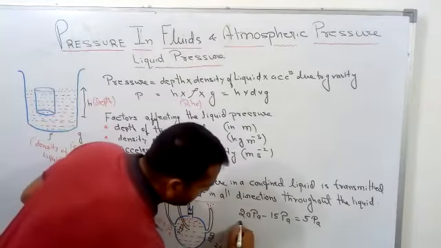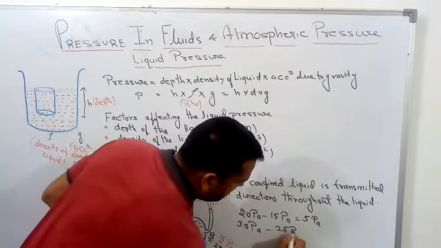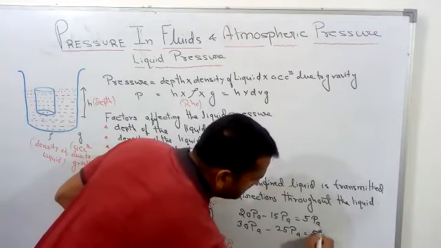This value increases to 30 Pascal and this value increases to 25 Pascal. Again the difference is 5 Pascal.